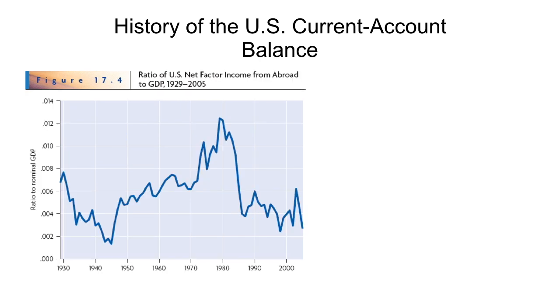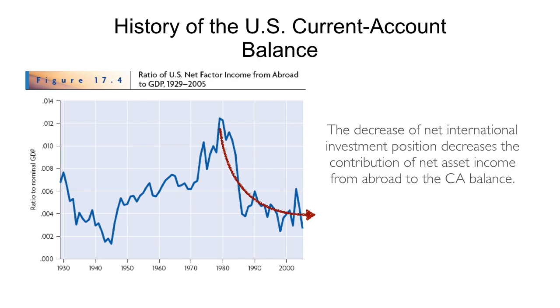And of course, when BF is decreasing over time, I times BF, which is the asset income generated by net international investment position, would decrease over time after 1975. So the decrease of the net international investment position of the U.S. actually decreases the contribution of net asset income from abroad to the CA balance.